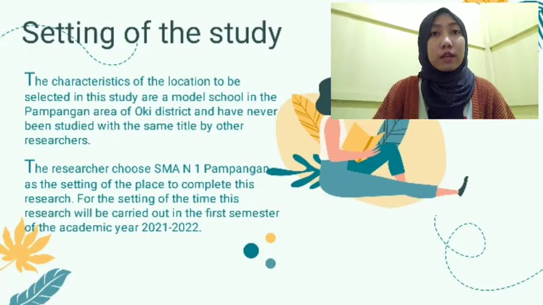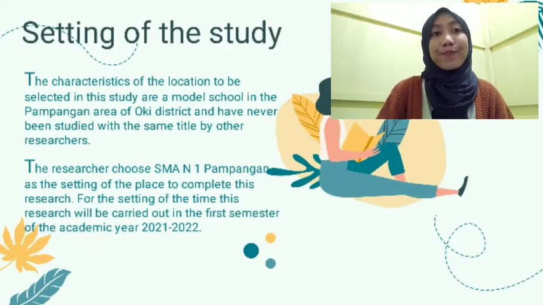And for the setting of the time, this research will be carried out in the first semester of the academic year 2021 and 2022.